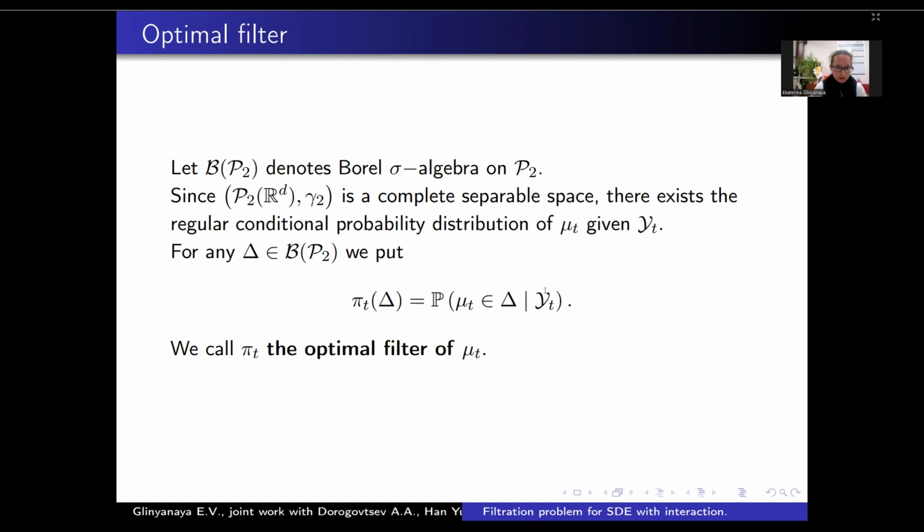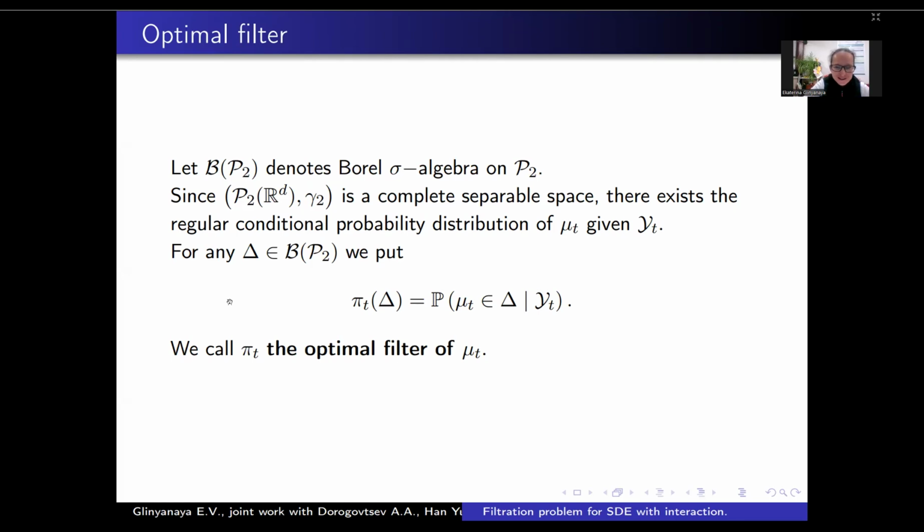As usual, we call this measure-valued process P t an optimal filter of mu t. Here I want to say once more that P t is a measure on the space of measures with second moment.